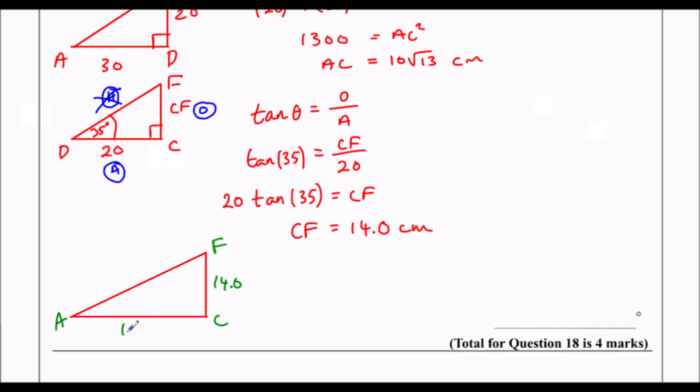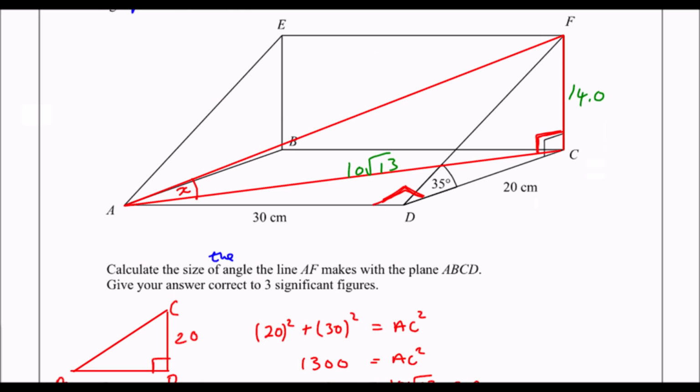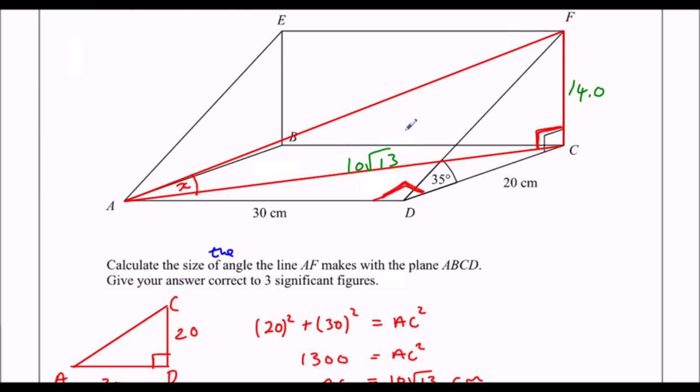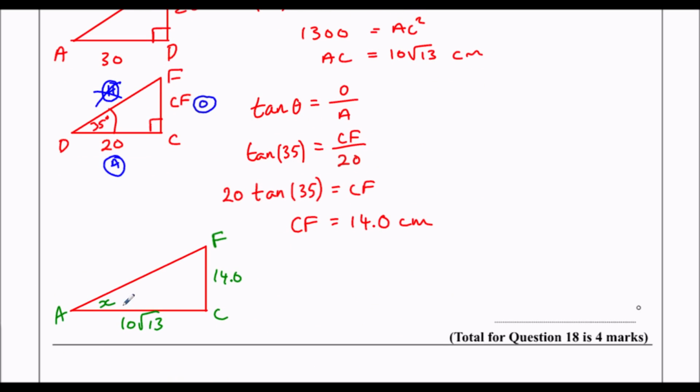A to C was 10 root 13. And we're finding the angle CAF. So this one. So we're not using the hypotenuse again. It's the opposite. Opposite the angle is 14.0. And the adjacent, in between the angle and the right angle, is 10 root 13.